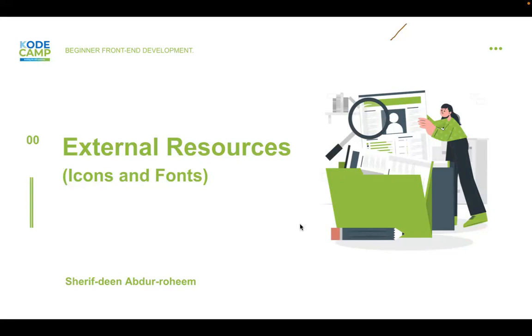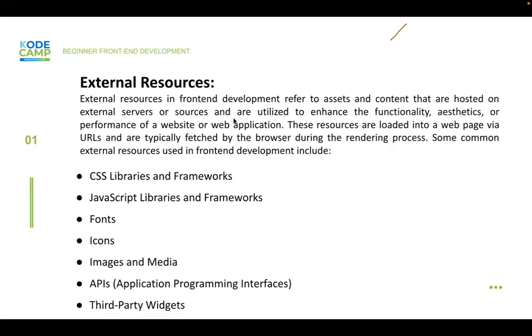All right, so external resources in front-end development refer to assets and contents that are hosted on external servers or sources and are utilized to enhance the functionality, aesthetics, or performance of the website or web application. External resources are not just about icons and fonts, like I said. We have more.